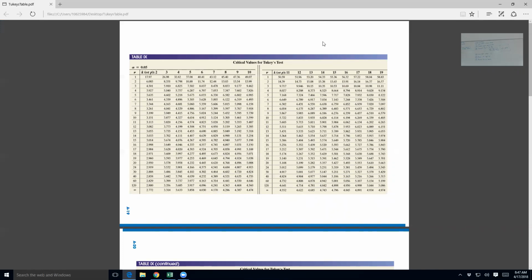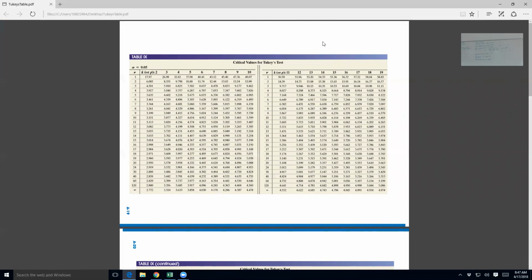Some of these have the Tukey table on them, most of them don't, though. So I'll have to give you this table, so you can't figure this out. There's no way to figure that.